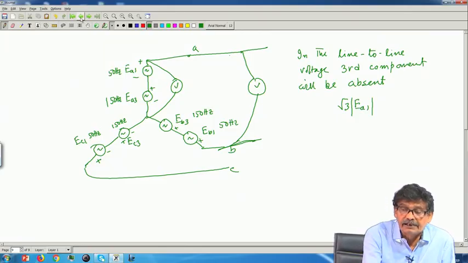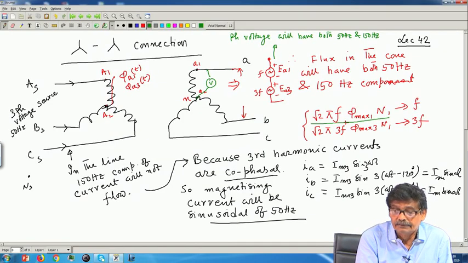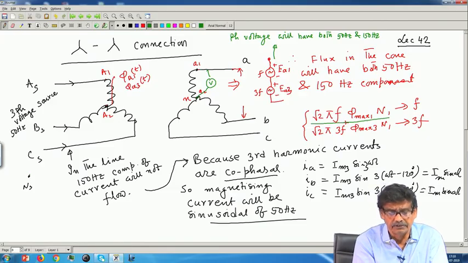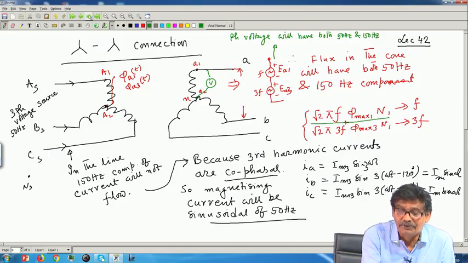Therefore, in star connection like this with no neutral connected anywhere, isolated, the supply neutral I have never connected. But I can tell you one thing about this.